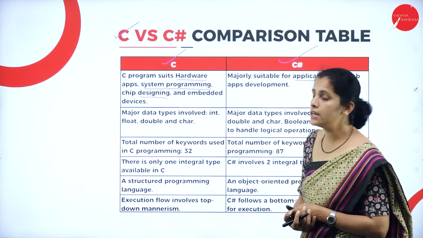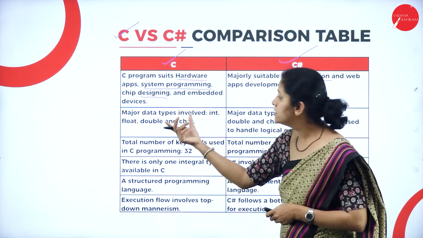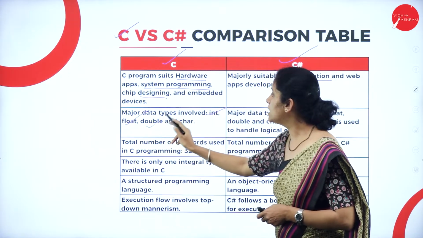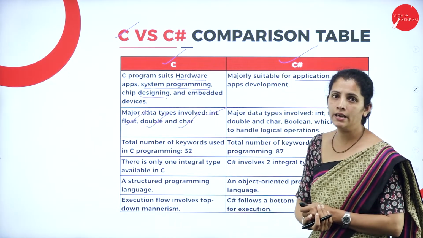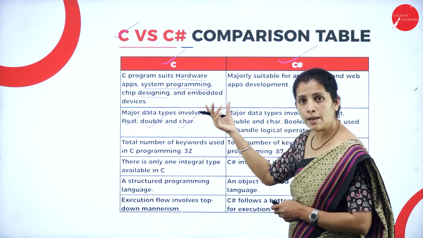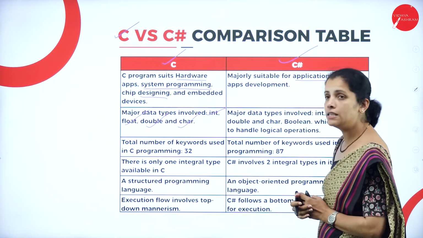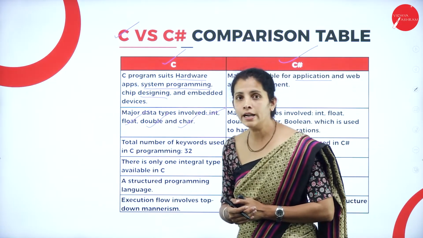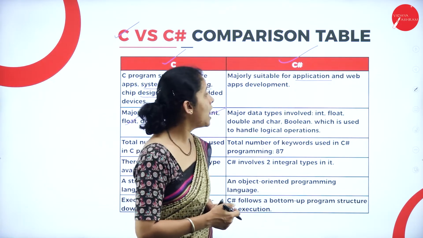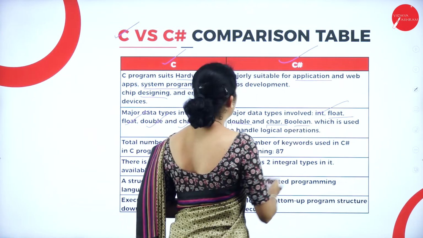The next difference here is the data types. C mainly uses int, float, double and character. That means int, double, float, character, these are the different types of data types supported by C. And if I consider C#, the data types supported are integer, float, double, character, boolean.